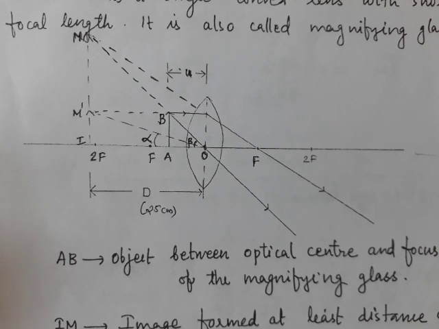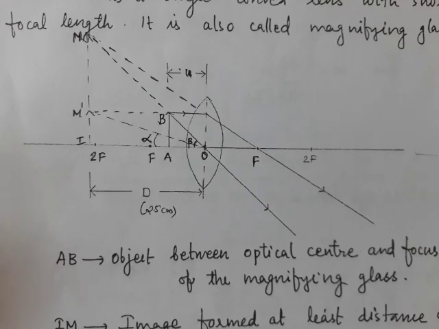So for an image to be seen well, the image should be at least at 25 centimeter, which is known as the least distance of distinct vision, represented as capital D. Now what happens when you keep the object near the lens and the image is formed nearly at 25 centimeter from you?